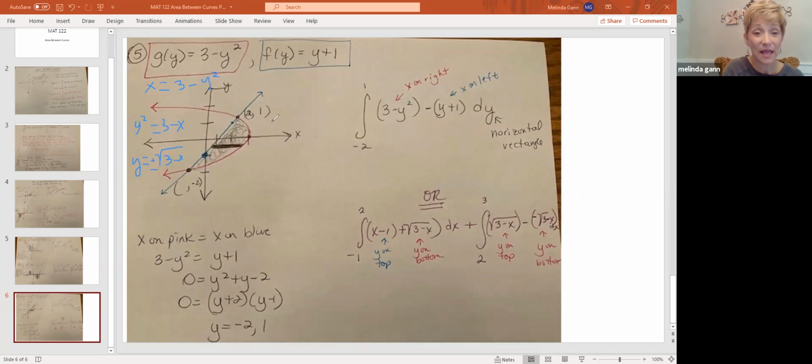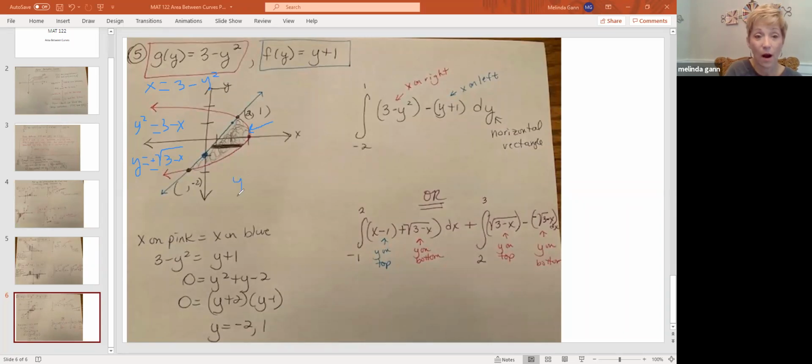So what's happening is the top half, like from here to there, that's y equals the square root of 3 minus x. And from here down is y equals the negative square root of 3 minus x. So if you want to graph this with your graphers, you're going to have to graph two different things.